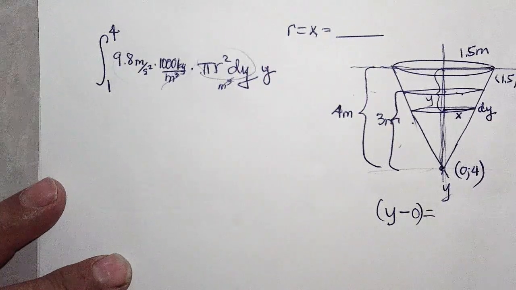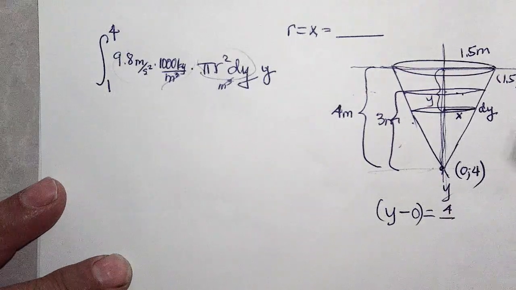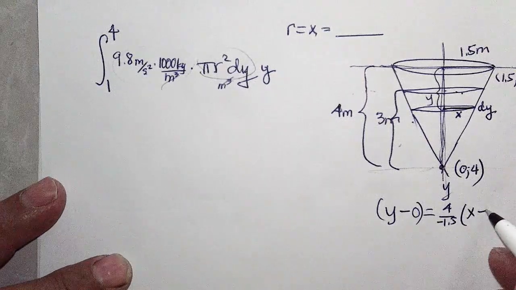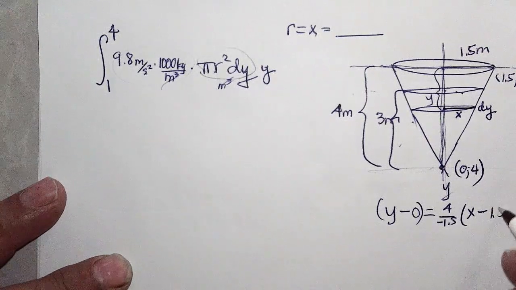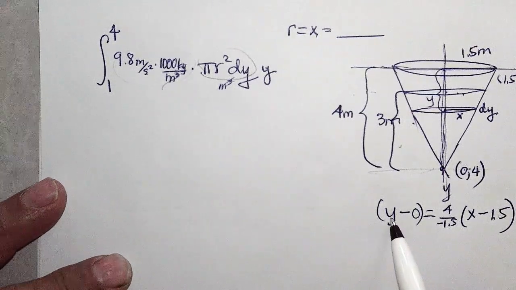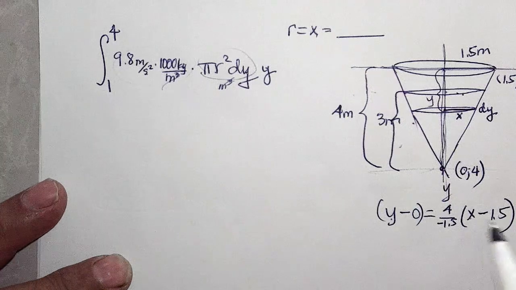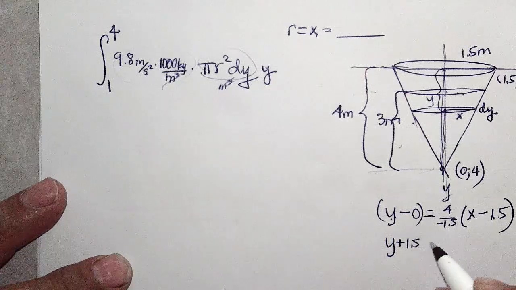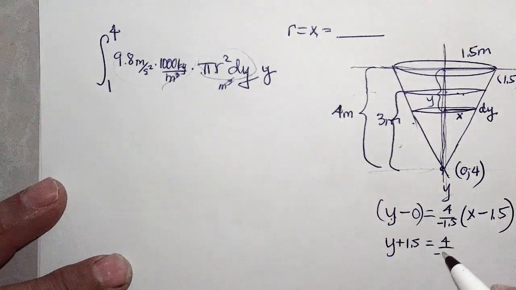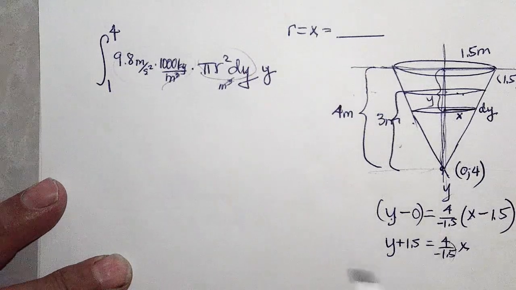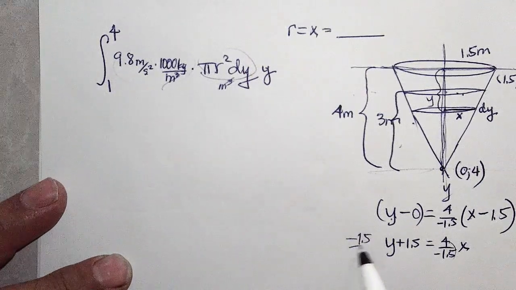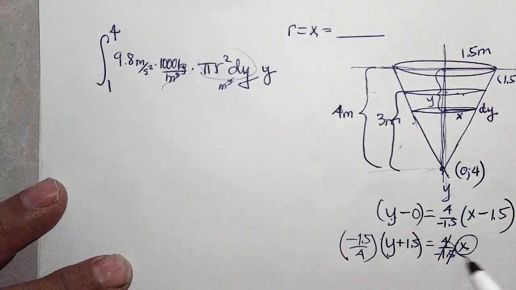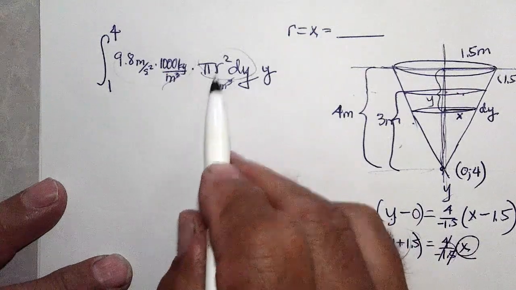Change in y is 0 to 4, 4 over minus 1.5, times x minus 1.5. And if you solve for x in this, add 1.5 to both sides, and then multiply by minus 1.5 over 4. That's what you can use for your r in this equation.